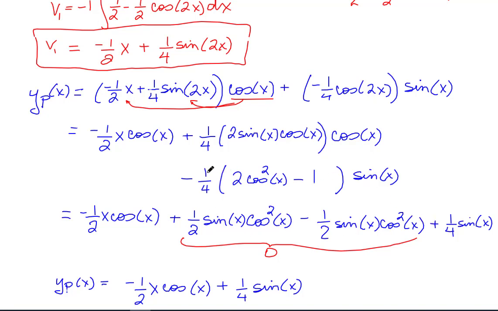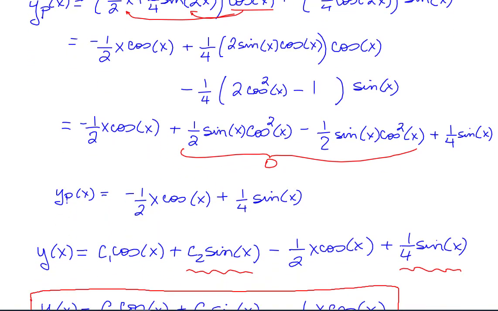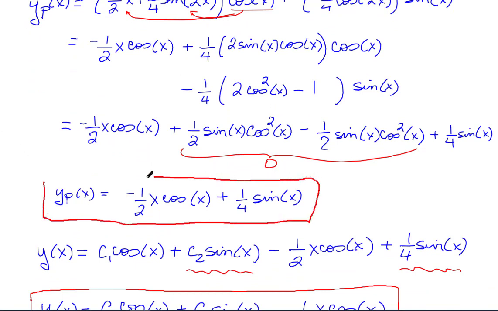And I'm left with this 1/4 times this minus sign to give me a plus 1/4. Now that gives me my particular solution. So here's yp. We're closer to the answer that WebAssign has provided.